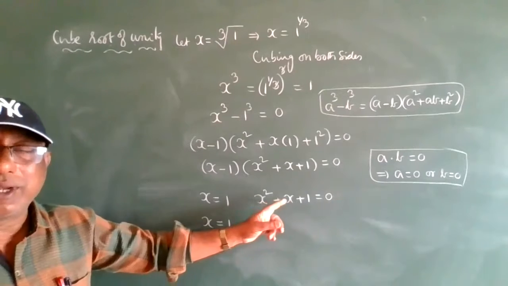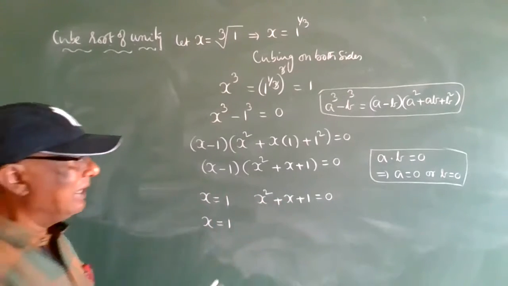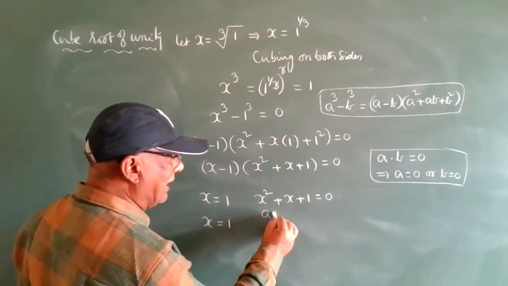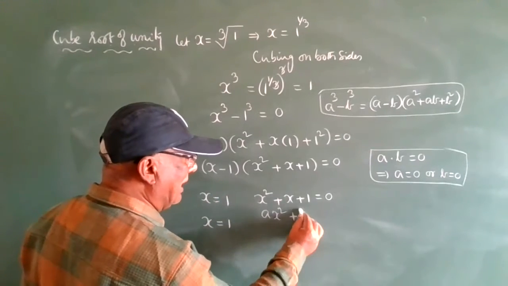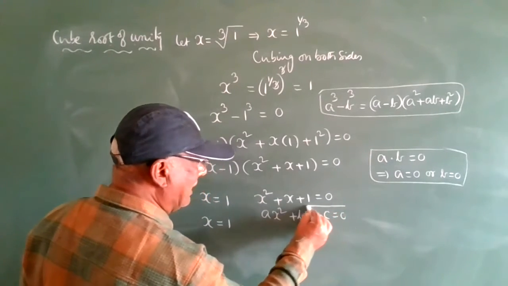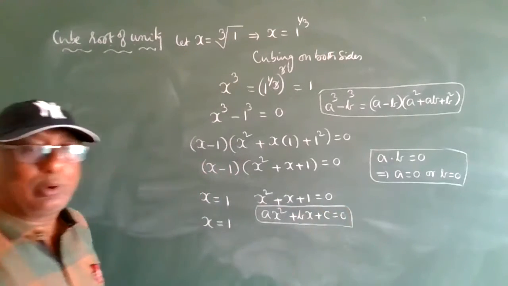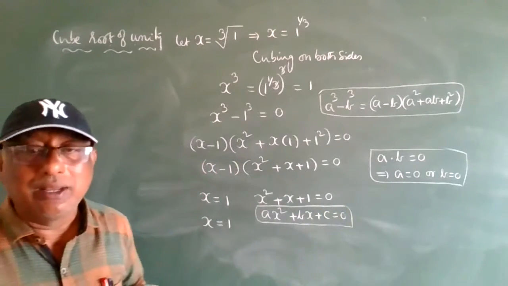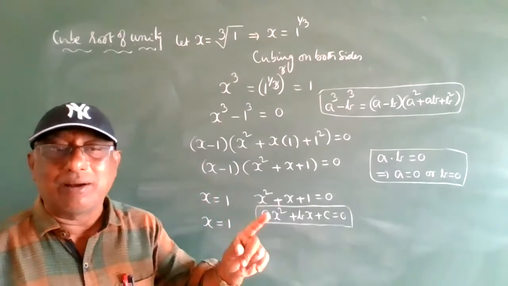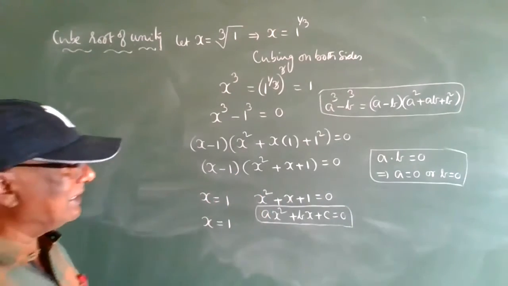I am going to find the quadratic equation roots by the formula. Here ax square plus bx plus c is equal to 0. By comparison, a is the coefficient of x square, b is the coefficient of x, and c is a constant.